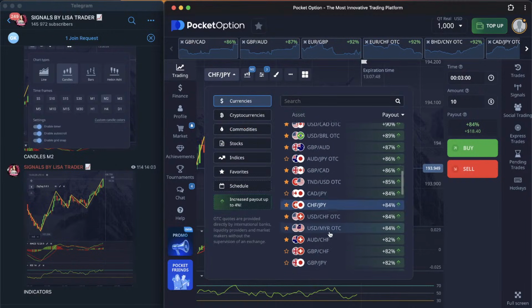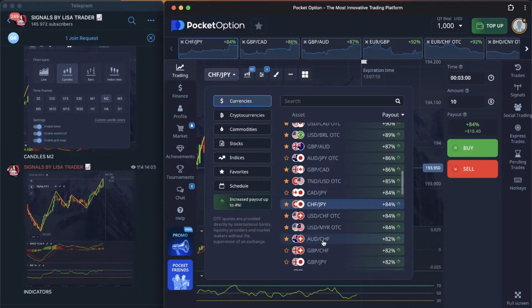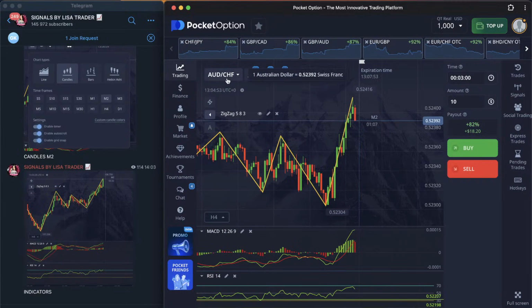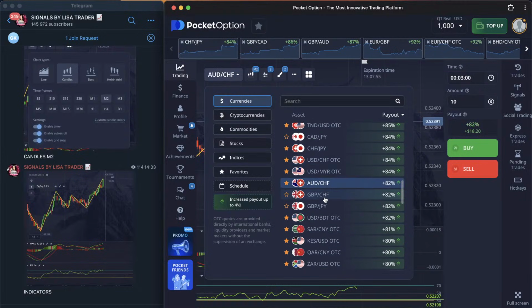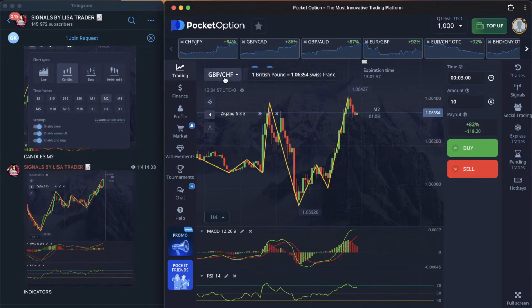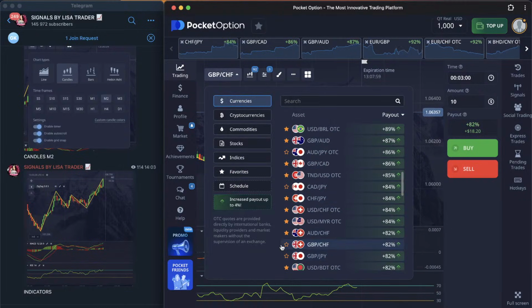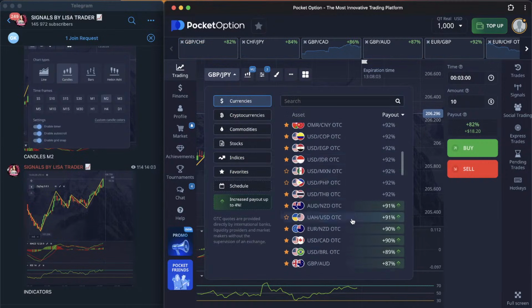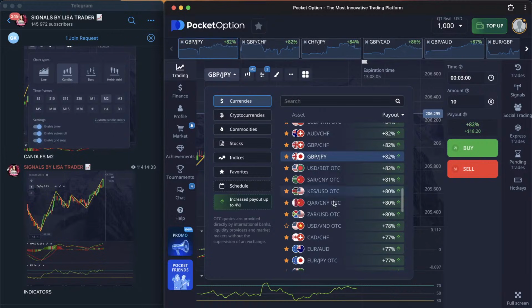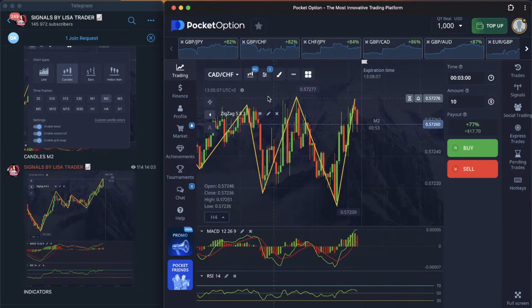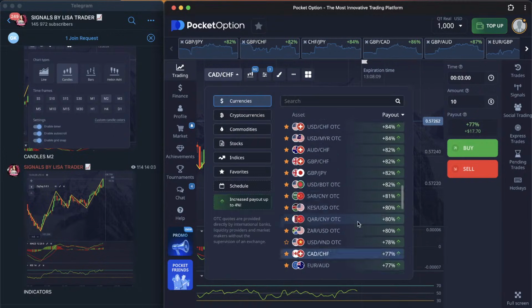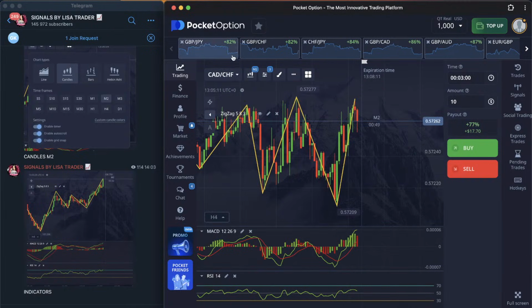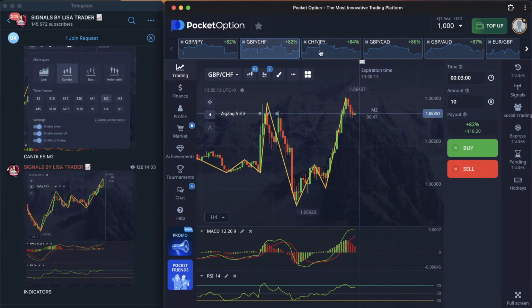Here, pretty big volatility, not the best. Let's check something else. Here could be a good downward trend because of the pound. It's everywhere like this. Here, too much volatility. And here already the payout is 77%, so it's not the best.